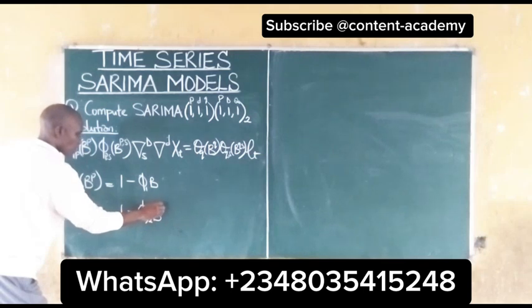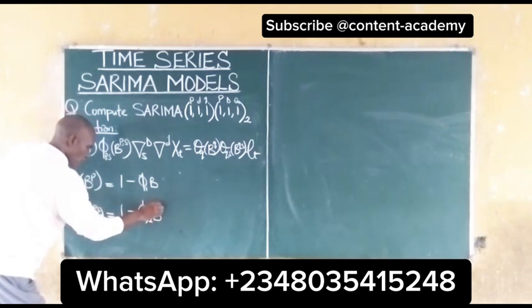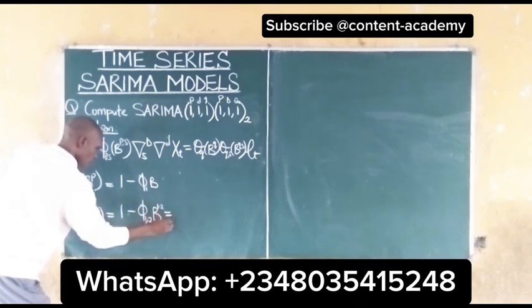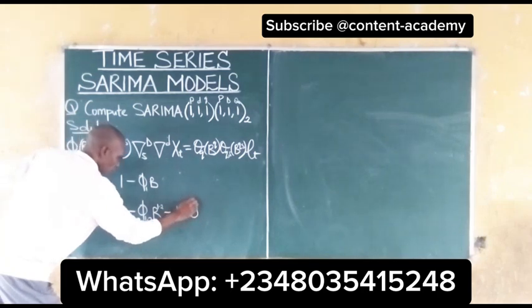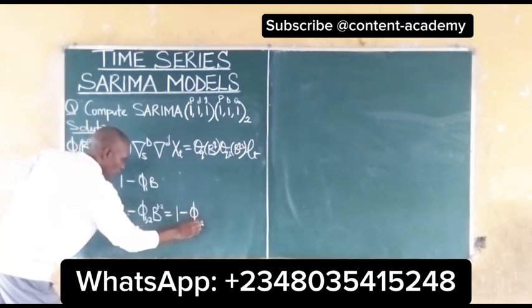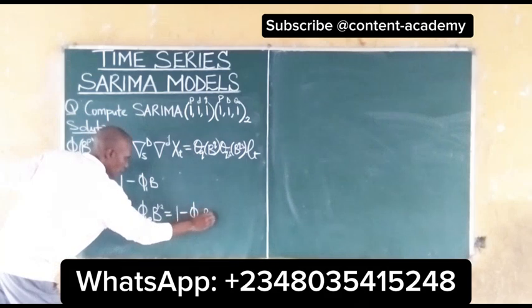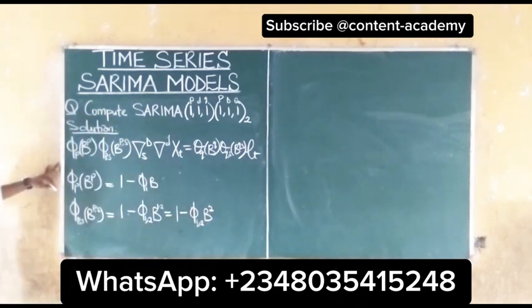We have 1 multiplied by s, that means 1 multiplied by 2, which is 1 minus phi 1,2 B squared.